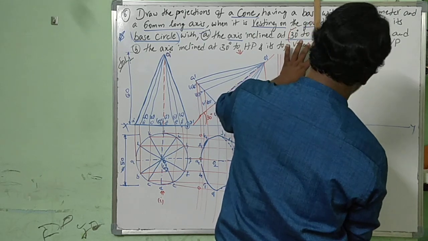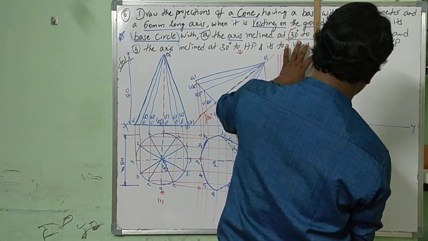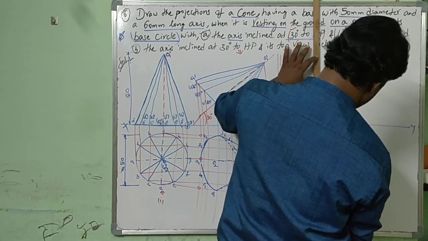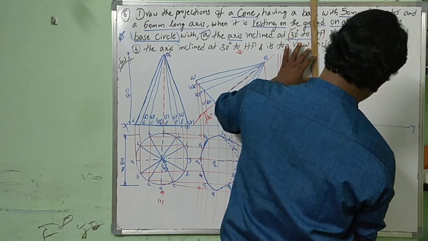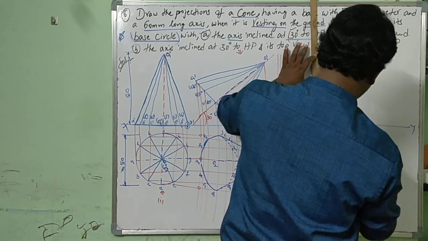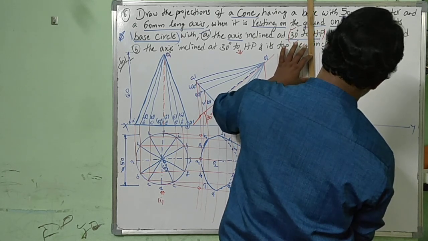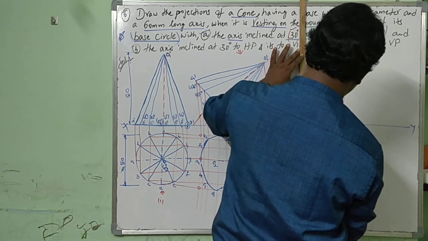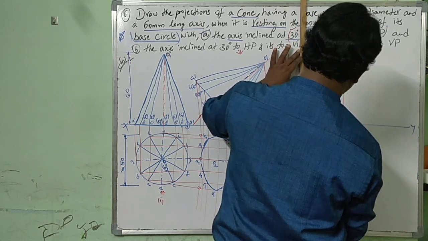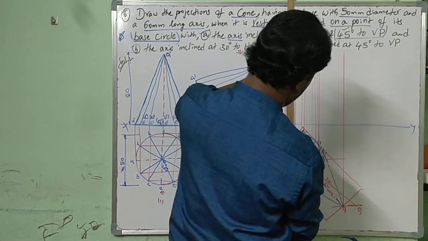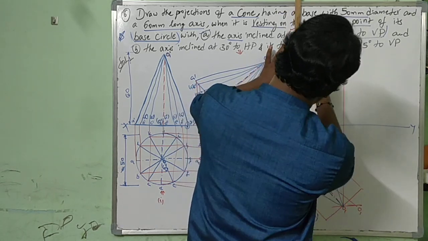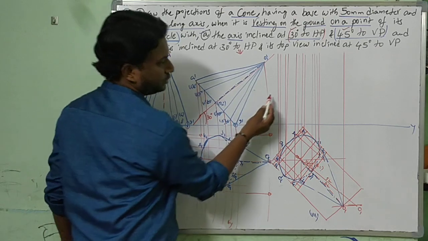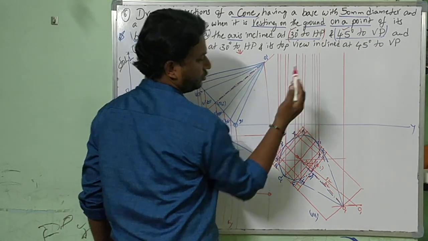G, H, I, J, K, L. I have drawn 12 separate lines. If you observe, 1, 2, 3, 4, 5, 6, 7, 8, 9, 10, 11, 12 separately.